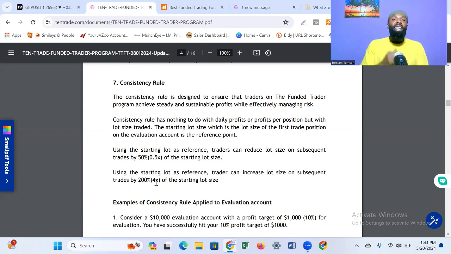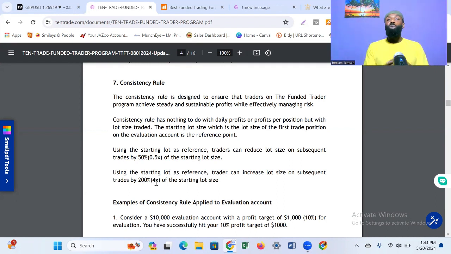If you go anything above times 4, which is 200% of the initial starting lot size, it means that you breach the consistency rule, okay?